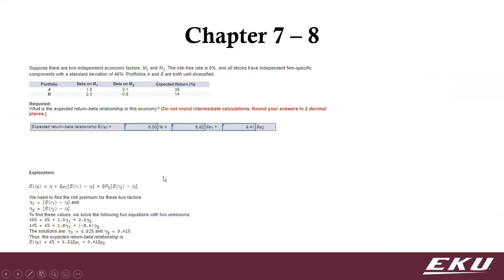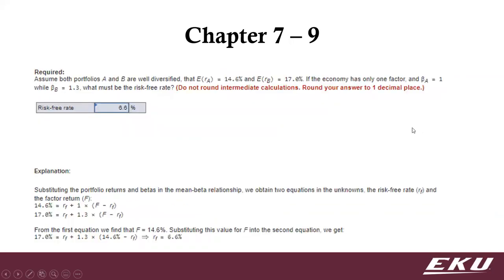So later when we talk about Fama French, and the 4-factor, 5-factor, 6-factor models and those types of things, that's what this is setting up for us later. Right. And again, this one says the economy has only 1 factor, beta. Normally with beta, what we're saying is, this is like the risk relative to the market. But you could have other measures. We just want to bring that up to set that up for later.